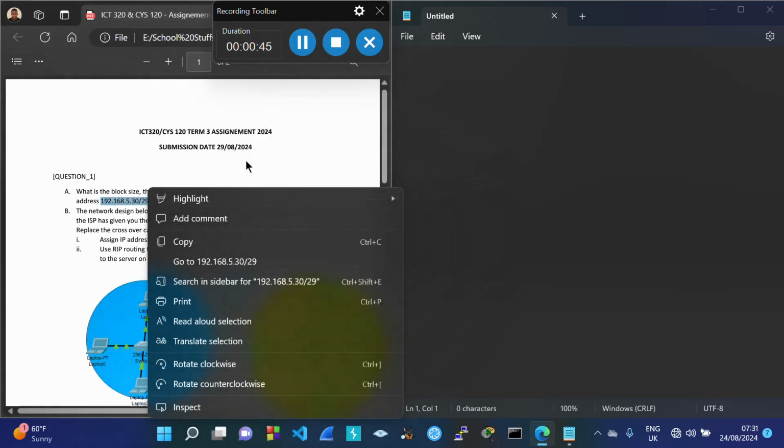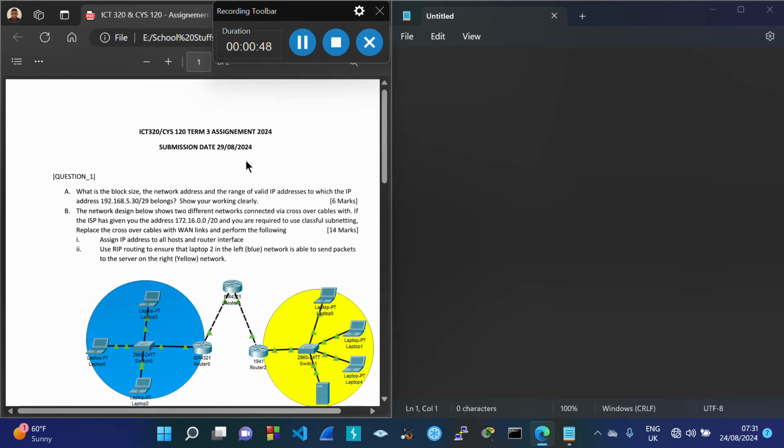So show your working clearly. The first thing we need to do is analyze the IP address itself: 192.168.5.30 with /29.